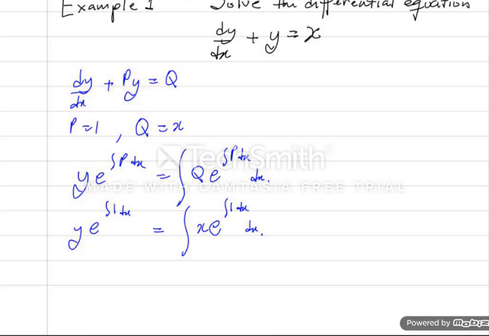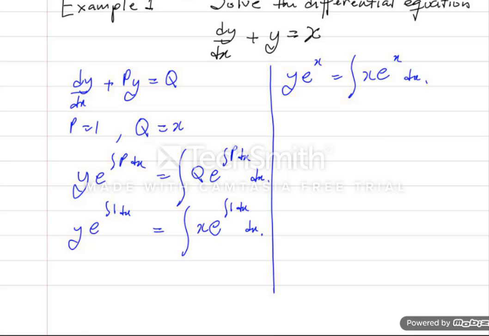Now, when I integrate 1 with respect to x, I'm going to get x. So I'm going to have y e to the x is equal to the integral of x e to the x dx. Fine.